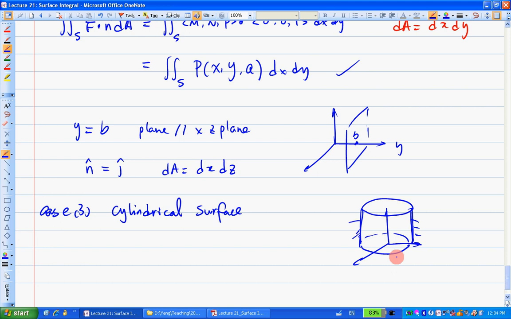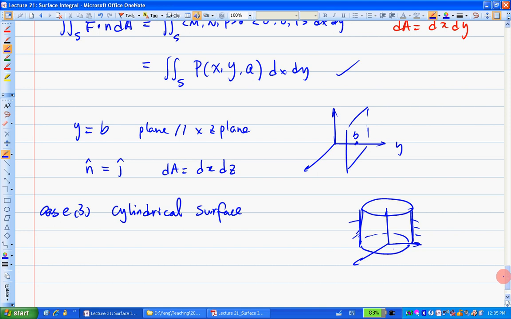If the question is slightly changed, say, what is the flux out of this cylindrical object, then how many surfaces do you have? 1, 2, 3, so you can have three different surfaces. But for now, all I'm concerned with is the flux out of the around side here, only that part.